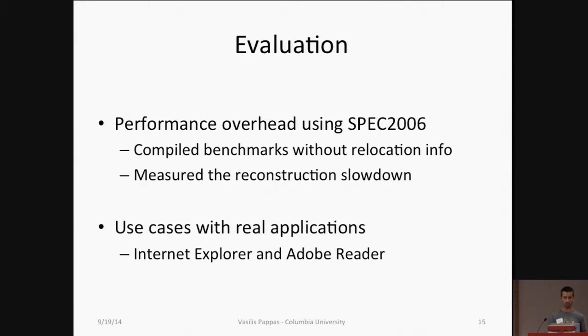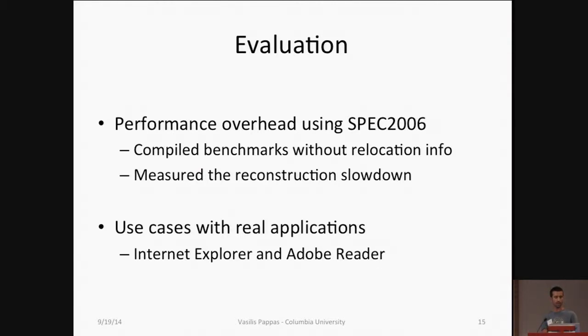And then for the evaluation, we had a two-part evaluation. First, we wanted to evaluate the performance overhead of reconstructing this missing information. For that reason, we used the SPEC 2006 benchmark suite, and we compiled all the benchmarks without any relocation information.